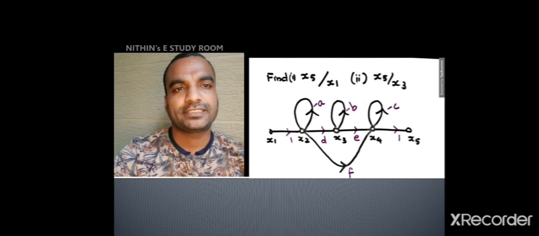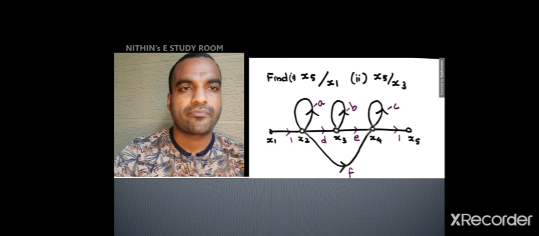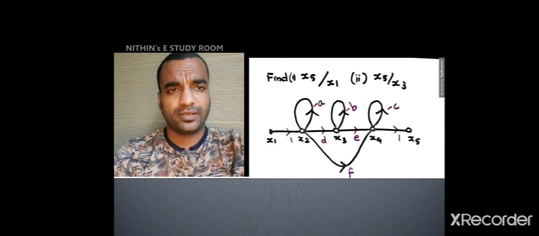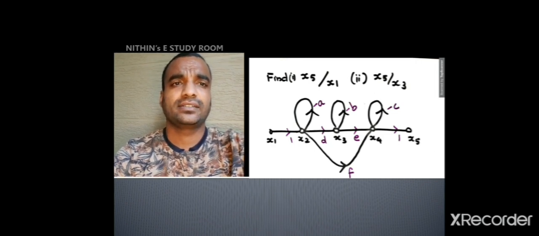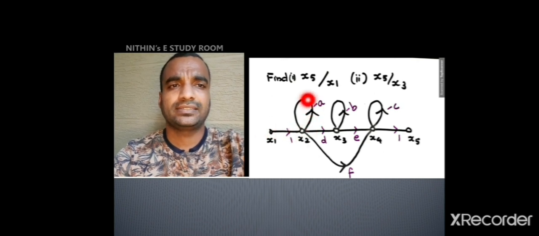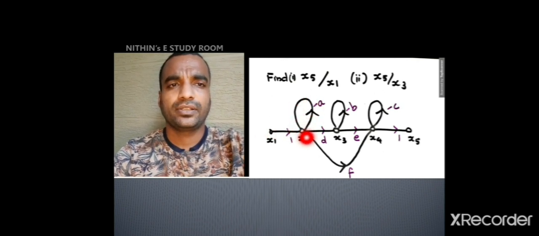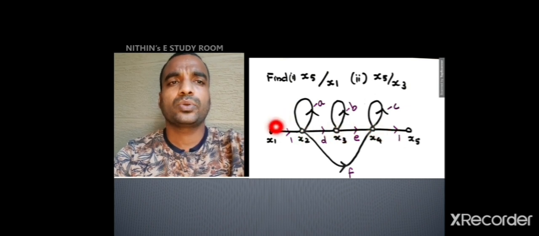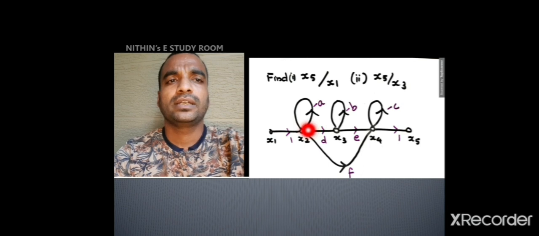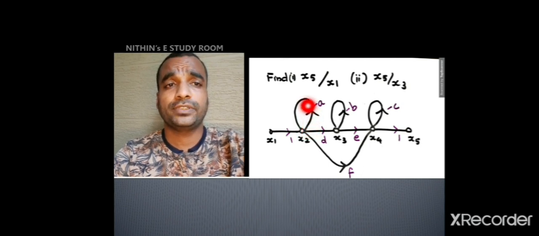Then, anybody, which is the second forward path? If I am tracing like this, is it okay? No, you are not permitted to enter this loop, because if you are traveling through this loop, you will touch x2 twice.